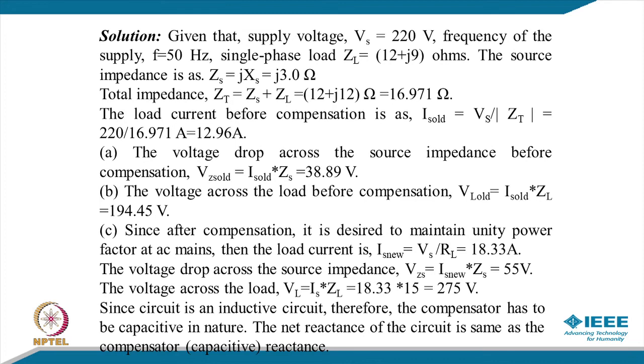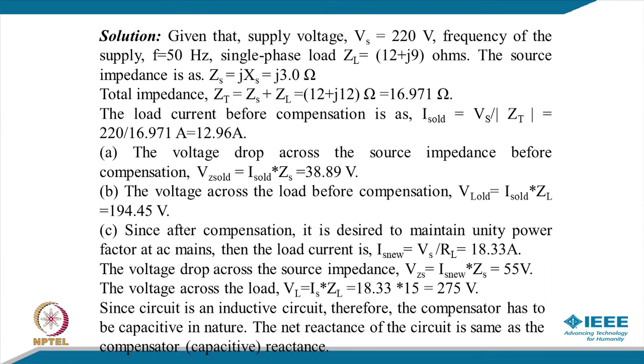The voltage drop across the source impedance before the compensation is Vs Z equal to Is old into Zs, that is 38.89, and the voltage across the load before the compensation is V load equal to I old ZL, 194.45. So, the voltage across the load reduces because of the drop in the source impedance, and the power factor of the load is lagging in nature. So, certainly you will have a poor voltage regulation.